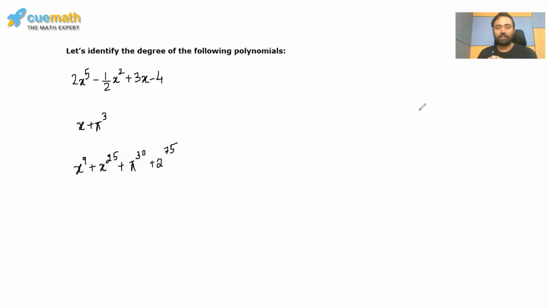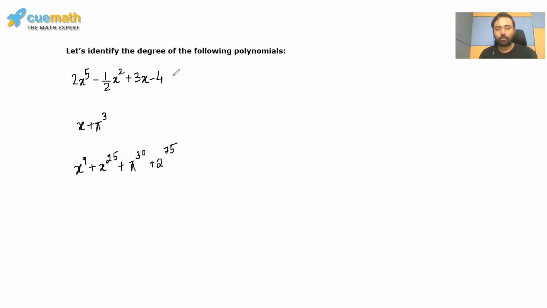So let's take a question to understand how we can find the degree of a polynomial. So here we have been given three polynomials and we'll have to identify what is the degree of these polynomials.